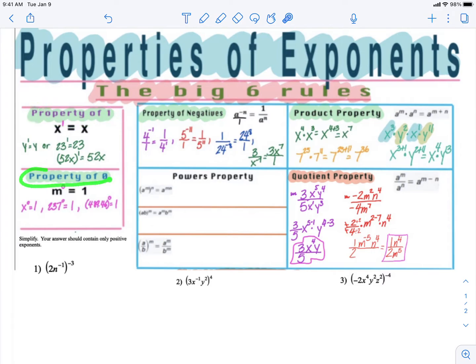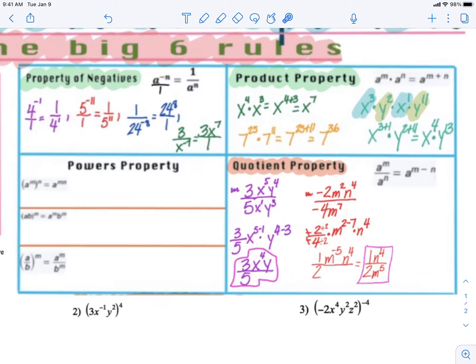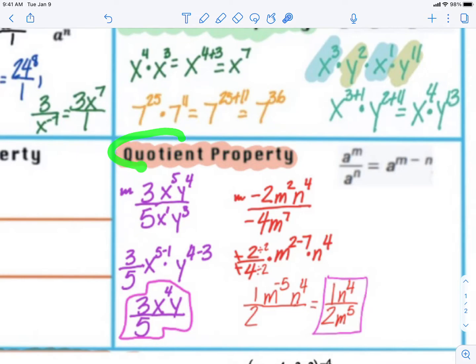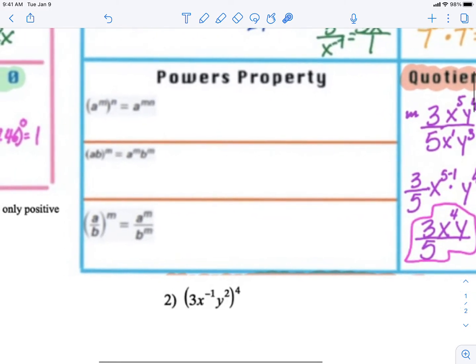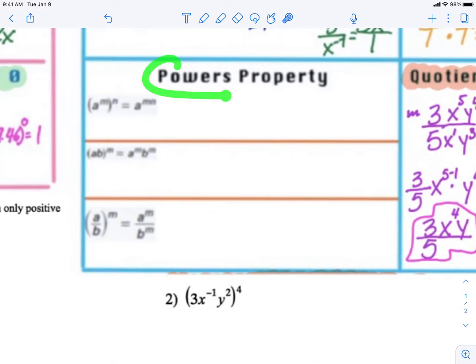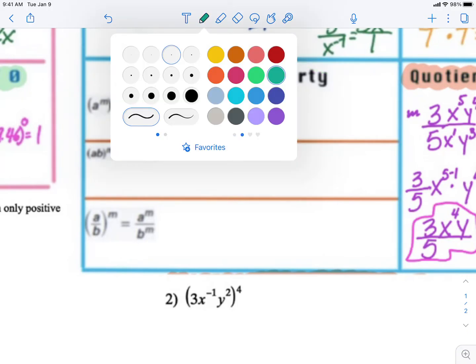Next was the property of 0. Then we did the property of negatives. Then we did the product property. Then we did the quotient property. Now we're going to do the powers property. So let's see what the powers property says.